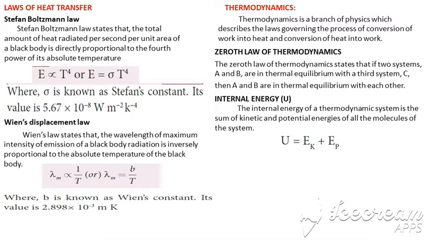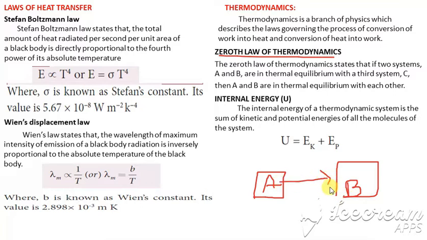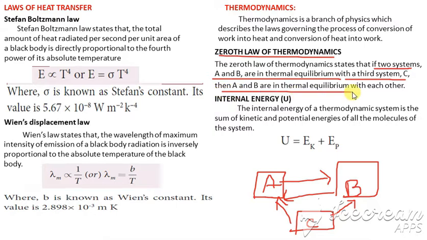Thermodynamics we know already. Yes, and there are a few branches in that. First, zeroth law of thermodynamics. Zeroth law states that if two systems, so consider the two systems, okay, A and B. So if these two systems are in thermal equilibrium, then if you consider a third system that is also in thermal equilibrium with each other. Okay, so if two systems are in thermal equilibrium with a third system, then A and B are in thermal equilibrium.